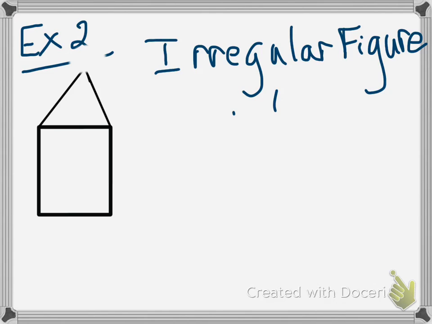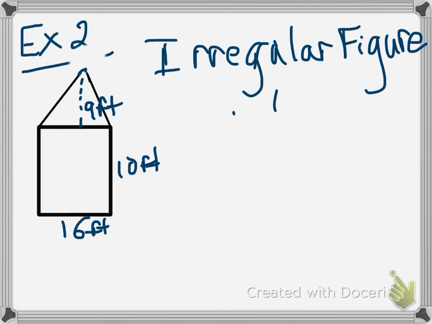Well, let's start with a house. We'll get to more complicated shapes in a minute. So in an irregular figure, we have a house. Alright, our given information, we have 10-foot wall height, we have a 16-foot floor, and we have in our attic a 9-foot tall ceiling.